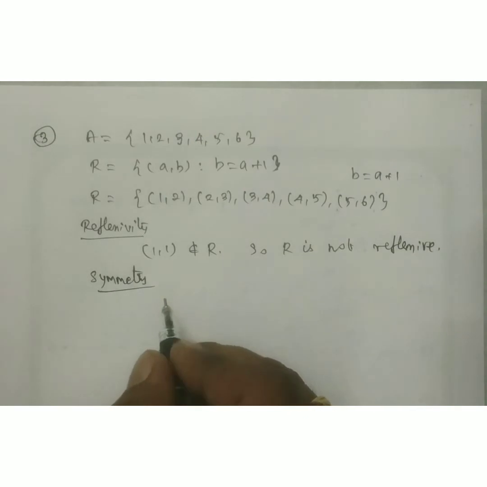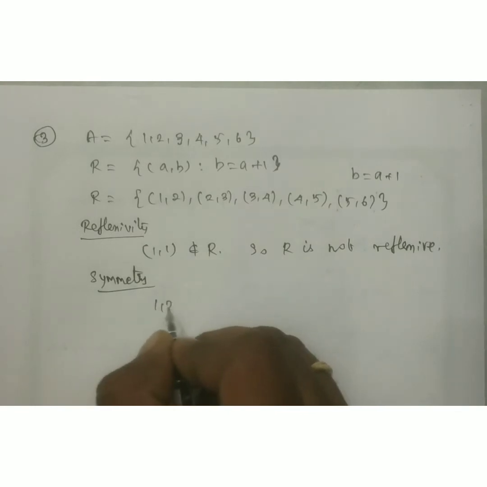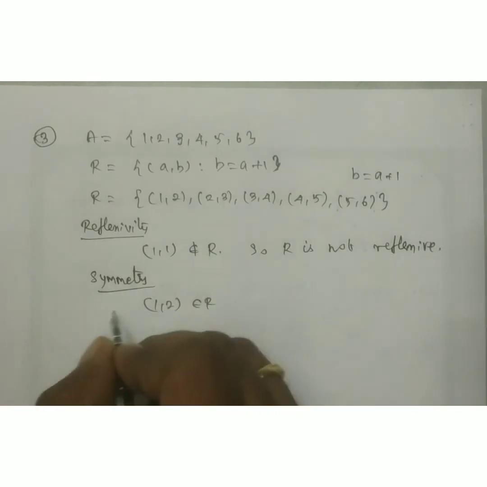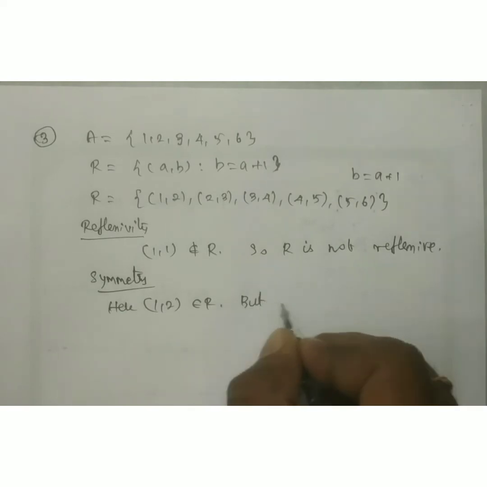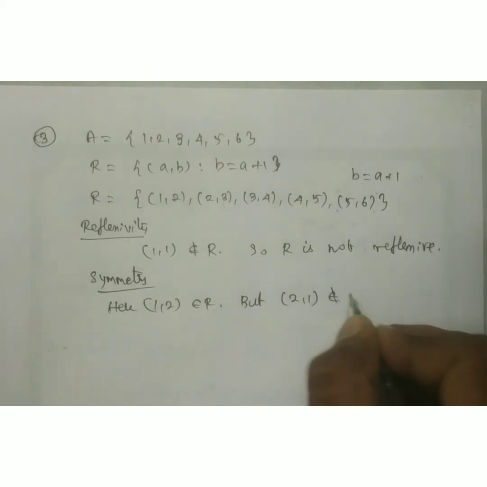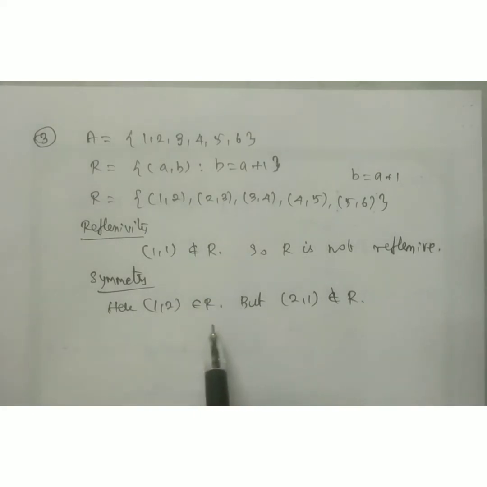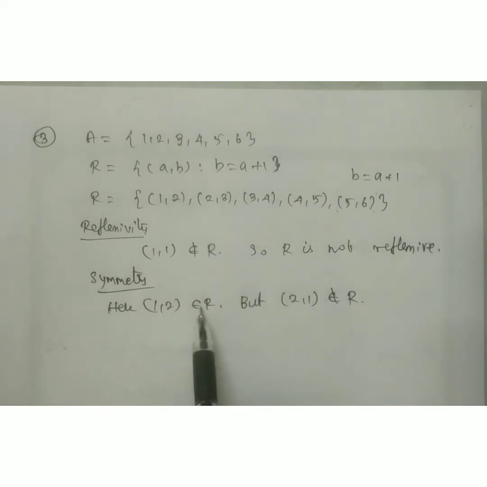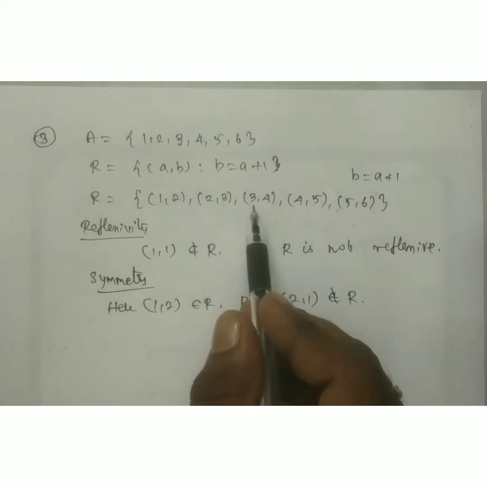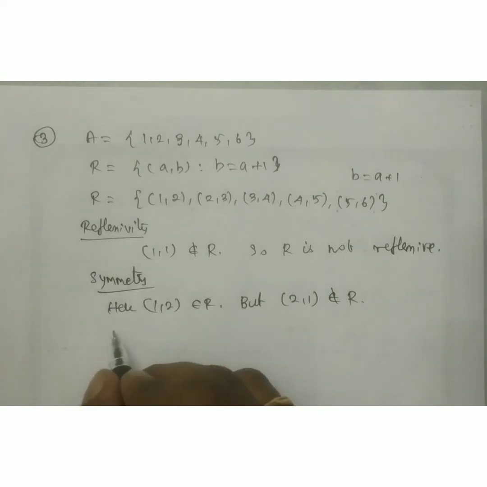Here (1, 2) belongs to R, but (2, 1) does not belong to R. We need not give only one example; for instance, (2, 3) belongs to R but (3, 2) does not. Like that I can give many examples, but only one is enough to prove.